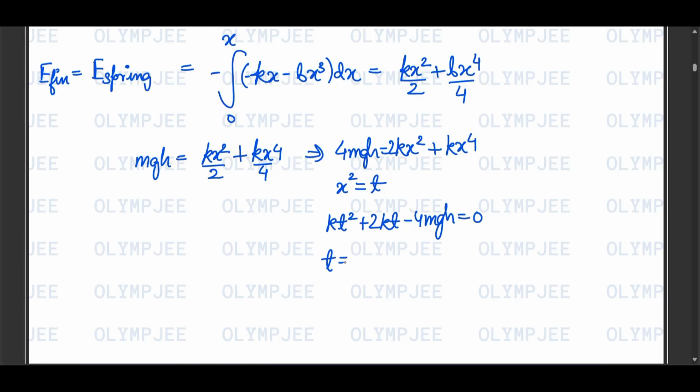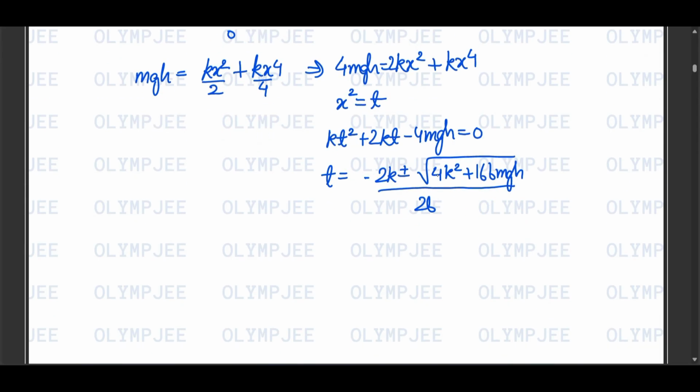So t will be equal to minus 2k plus minus the square root of 4k square plus 16 mgh, by 2. So cancelling out 2, if I take out 4, that will become 2.